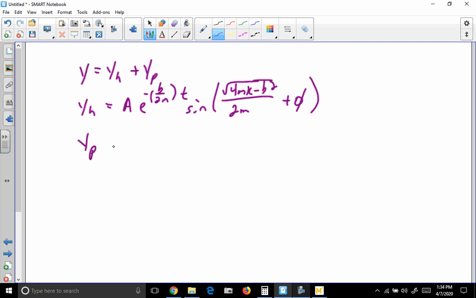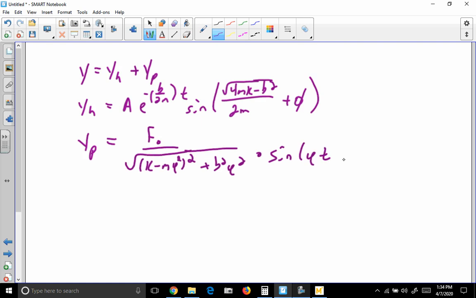Our particular solution is f over the square root of k minus m gamma squared, then that squared, plus b squared gamma squared times sine gamma t plus theta. And again, remember, these are not necessarily in the same phase. They could be reaching amplitude at different times, or they could be starting at different locations.